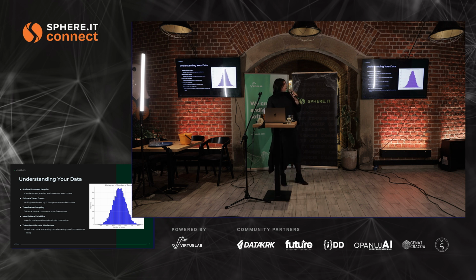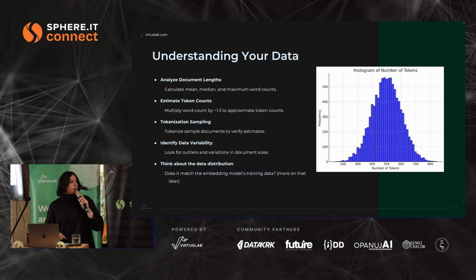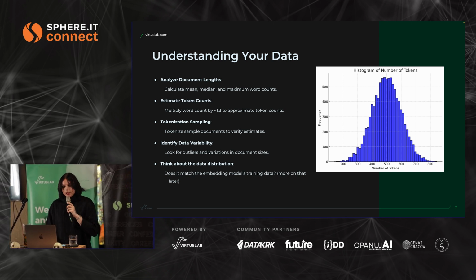So before we choose the model for embeddings, we need to have a little bit of understanding of our data. The most important part is how long our texts are and what the texts are about.